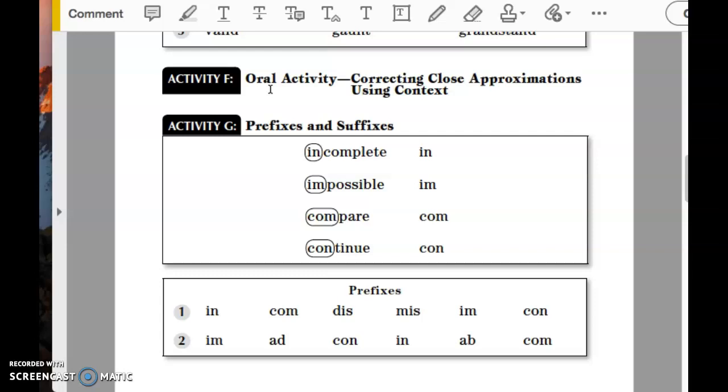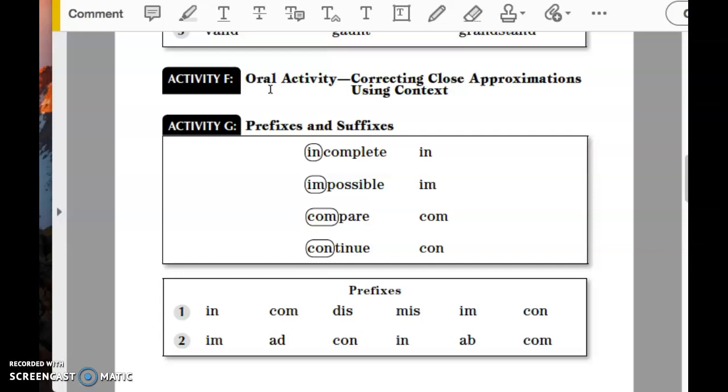To keep the sun out of your eyes, close the curtains. We wouldn't say curtain, we would say curtain. Next word, tornado. The tornado destroyed more than 100 houses. We don't say tornado, we'd say tornado.